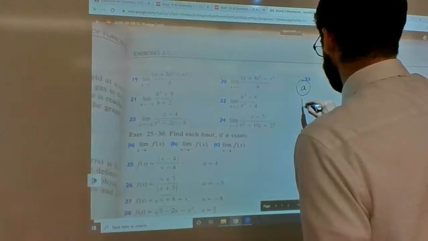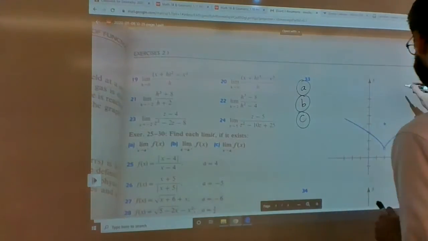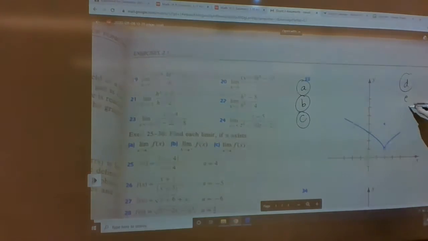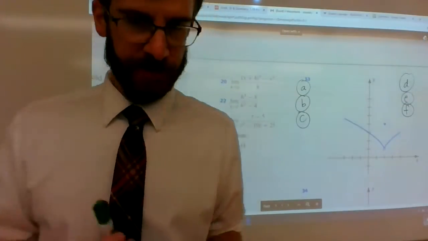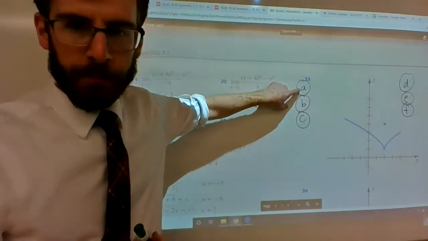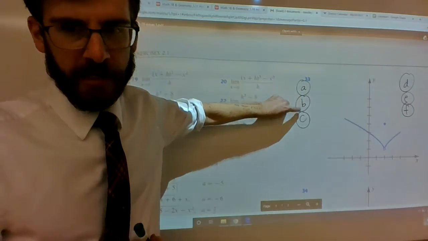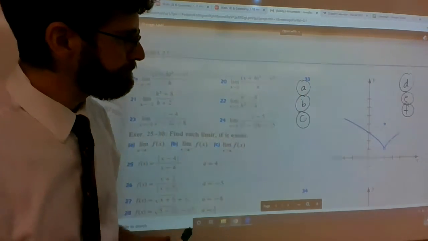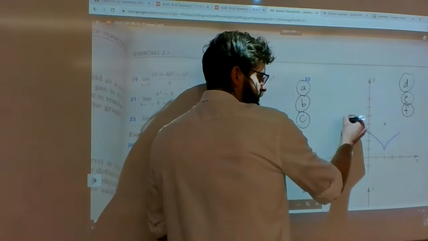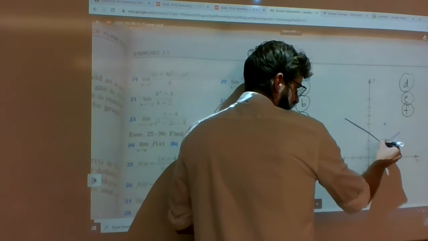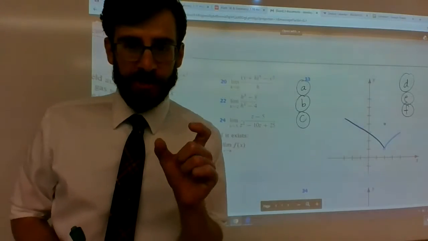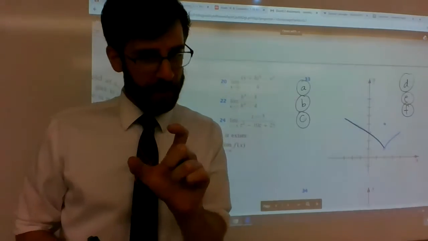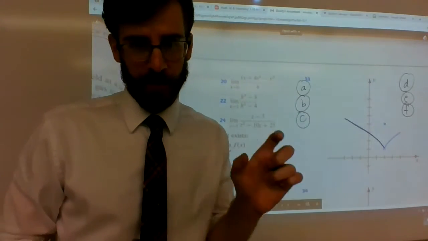So A, B, C. We're still talking about the same points as the first one, so approaching 2 from the left, 2 from the right, and at 2. When you approach 2 from the left, you stop here. Now, it's what the curve's behavior approaches that we're dealing with.